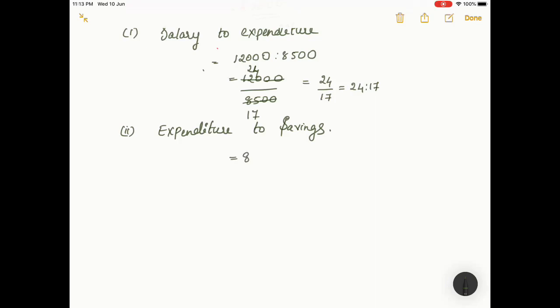So, that is equal to 8,500 is to 3,500. It's equal to 8,500 by 3,500. 5 goes how many times? 17 times. And 5 sevens are 35. It's clear to you. Okay. 17 is to 7. Hope it's clear to you all.